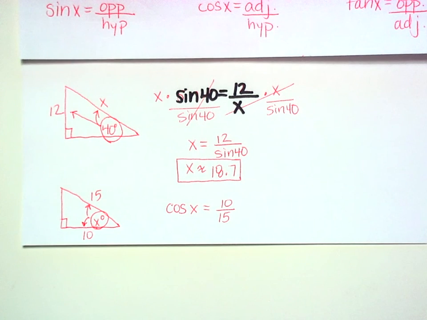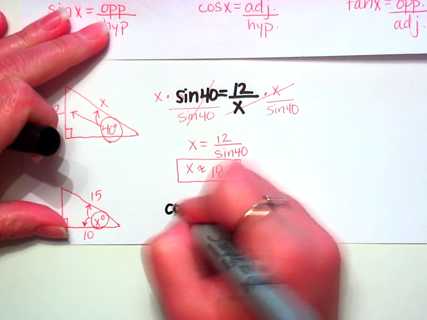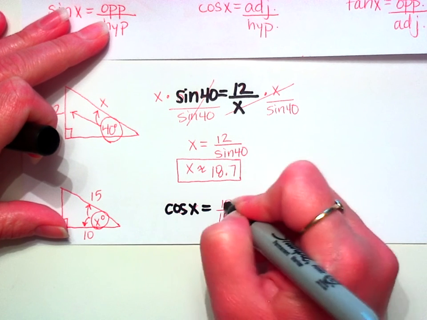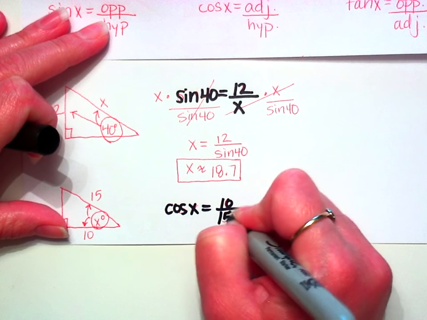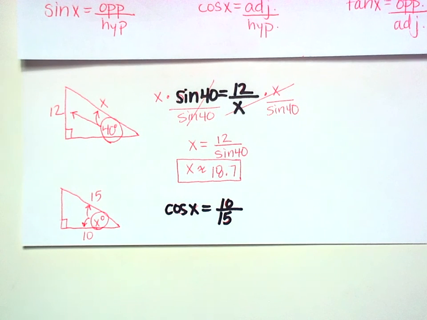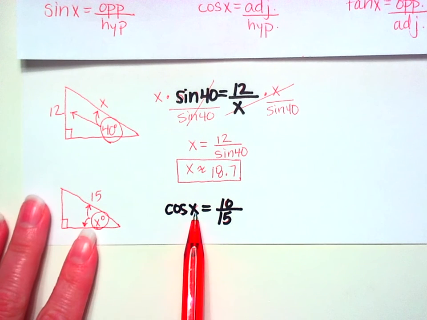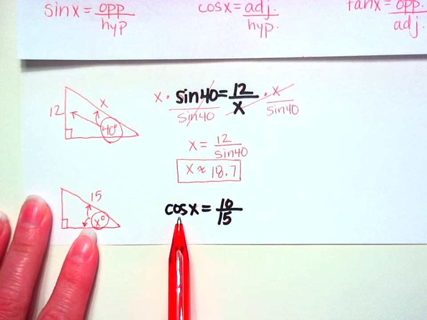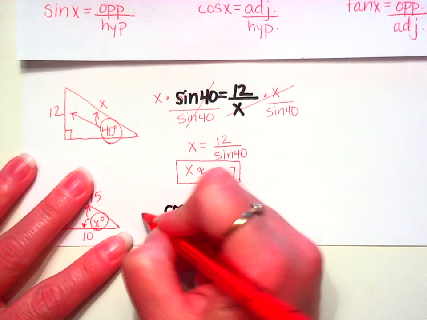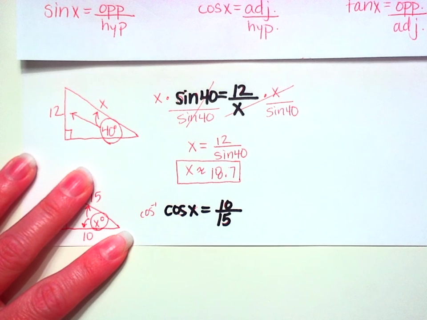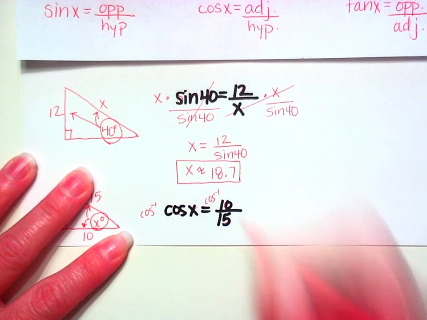Okay, let's put that in black. This is our original equation, and then I'm going to have to try to get x by itself. Okay, so to get x by itself, I have to get rid of cosine. To get rid of cosine, I have to do the opposite of cosine, which is cosine inverse. If I do that on the left, I have to do that on the right.